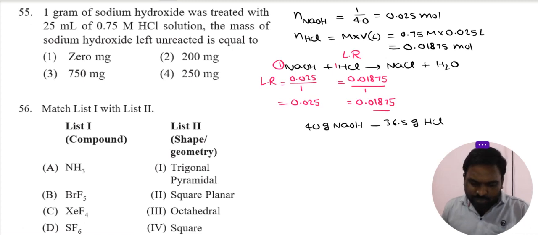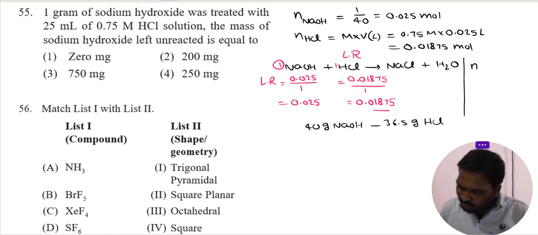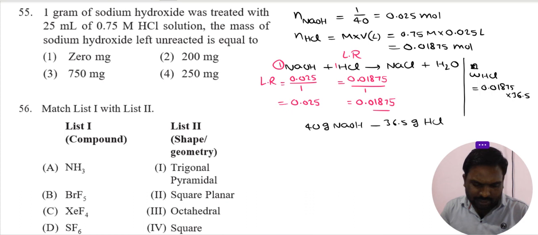Understood? Now here, what is the limiting reagent? HCl is the limiting reagent. For the given moles of HCl, 0.01875, the weight of HCl equals 0.01875 into its gram molecular weight, 36.5.